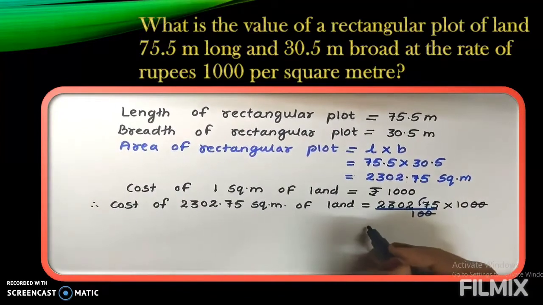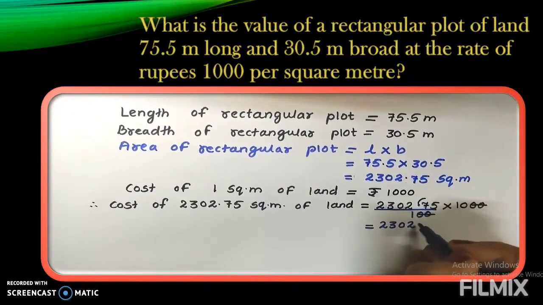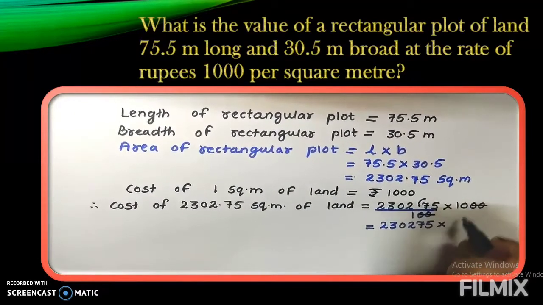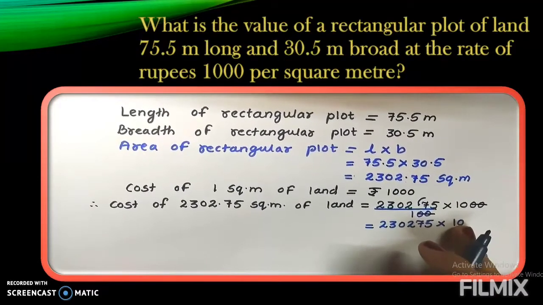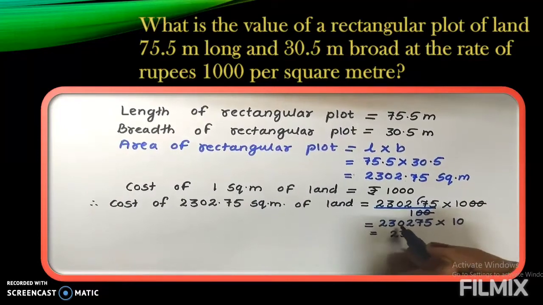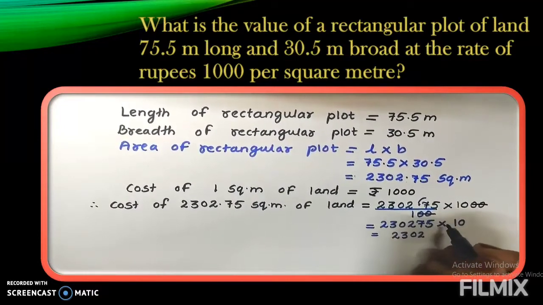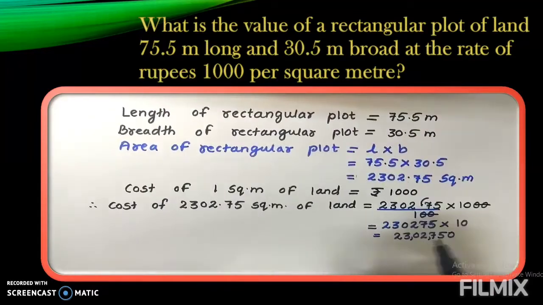Now write what is left. 230,275 multiply by 10. Now you know this multiplication, it's very easy how to multiply by 10. 1 0 we will directly give it. So it is 230,275.